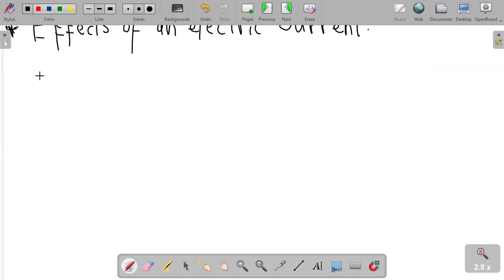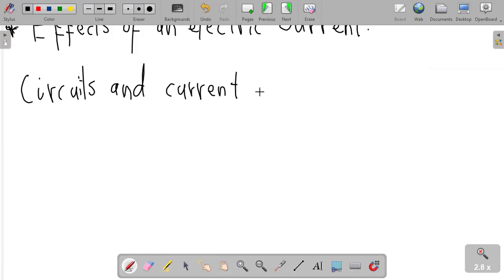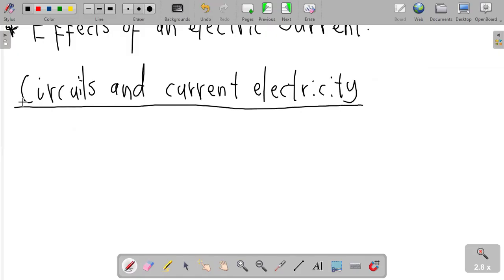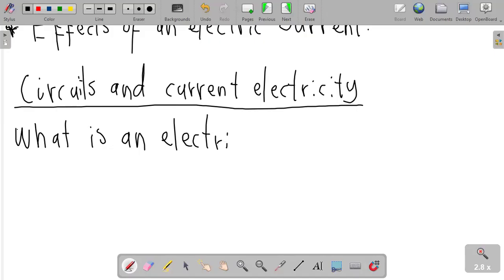Firstly, it's important to understand what an electric current is.